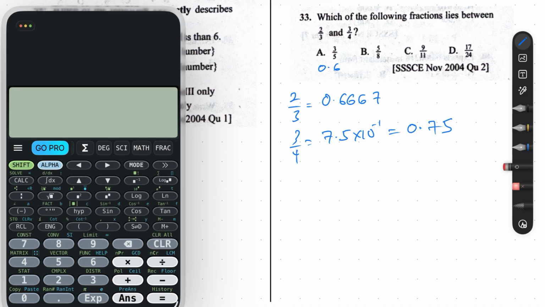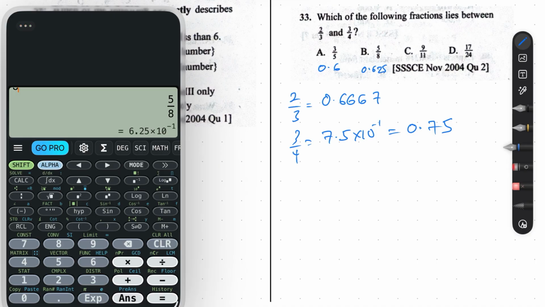Let's continue with 5 over 8. 5 over 8 is 0.625.